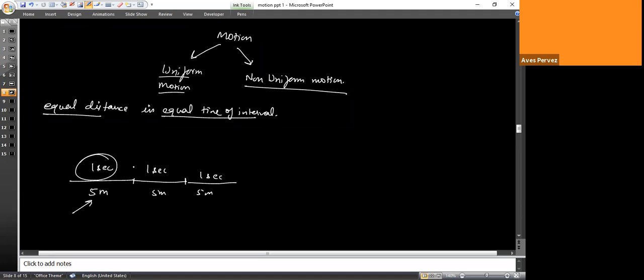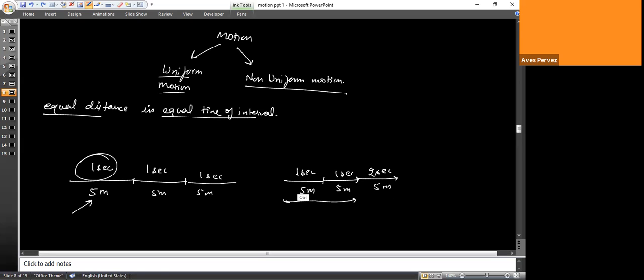But just suppose an object travels 5 meters in 1 second, then in the next 1 second again travels 5 meters, but in another 2 seconds it travels only 5 meters. So from here to here it is in uniform motion, but from here it is in non-uniform motion.